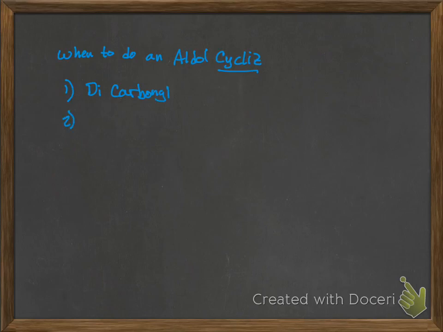So, when to do an aldol cyclization. 1, you do an aldol cyclization when you have a dicarbonyl. 2, you do an aldol cyclization, or at least you should think about an aldol cyclization, when you've got a dicarbonyl and no other electrophile.